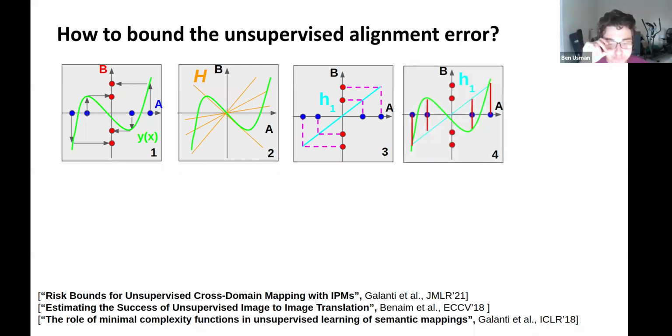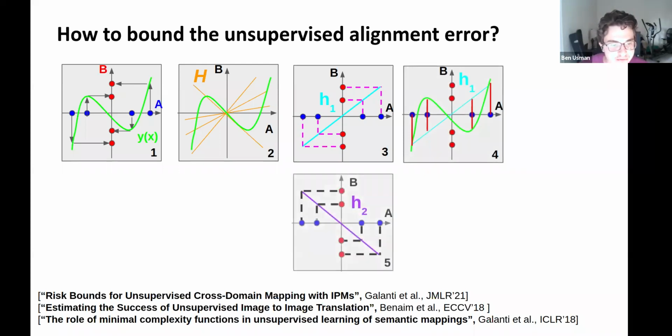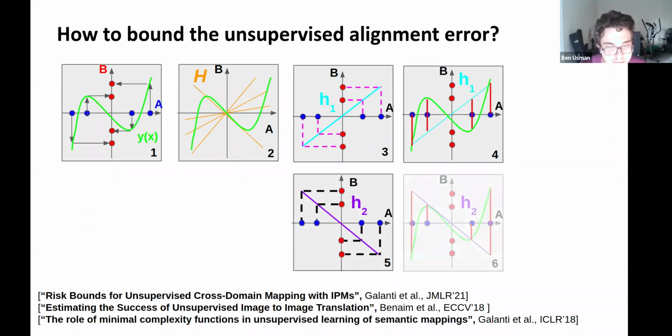And the argument that authors make is that if we can find another mapping, h2, drawn in violet, that also maps points from A to B equally well, there will be no way for our learning algorithm to meaningfully choose between h1 or h2, which one is closer to the ground truth function, without having access to this function.